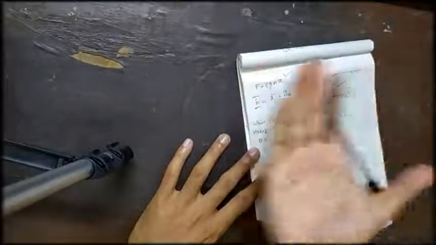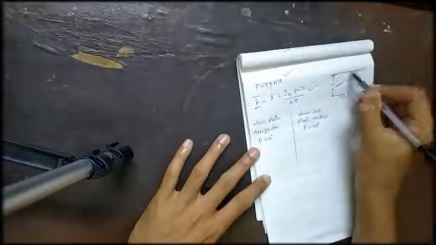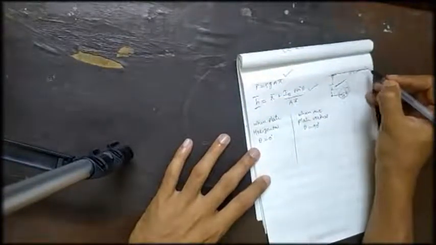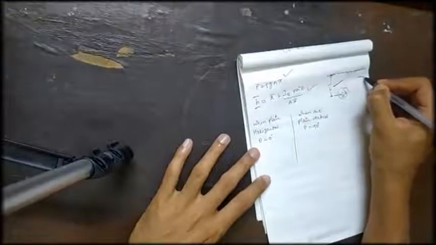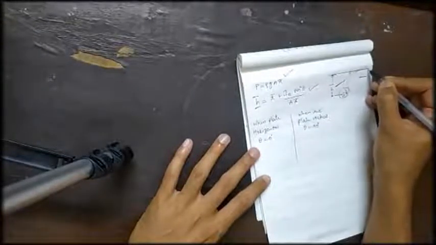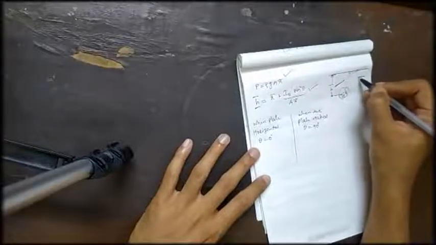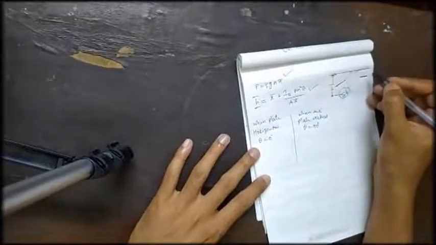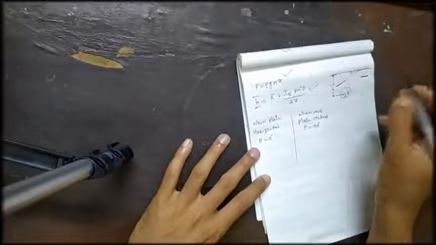So this is our free surface of water, and if the plate is like this, then the free surface of liquid and the plate are both parallel to each other, that's why the angle of inclination will become 0.